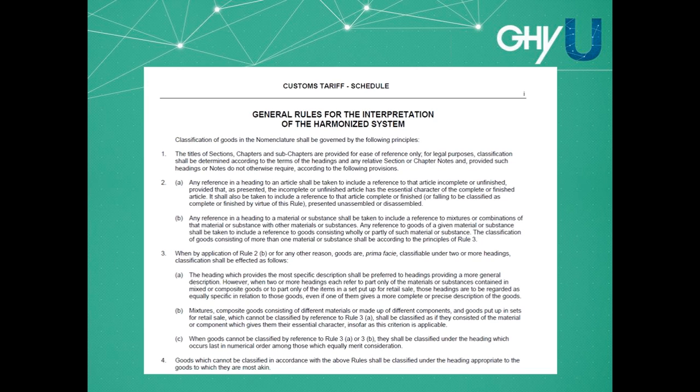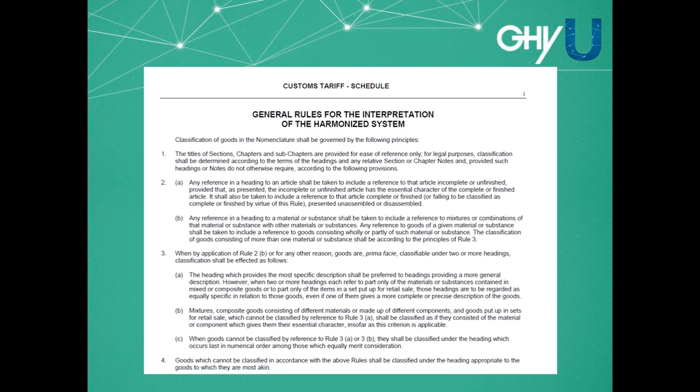So 3(b) talks about mixtures, composite goods consisting of different materials or made up of different components, and goods put up in sets for retail sale, which cannot be classified by reference to 3(a). They shall be classified as if they consisted of the material or component which gives them their essential character, insofar as this criterion is applicable.